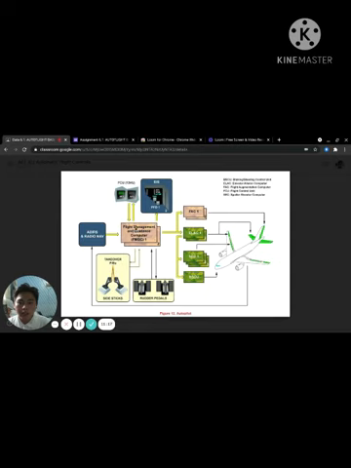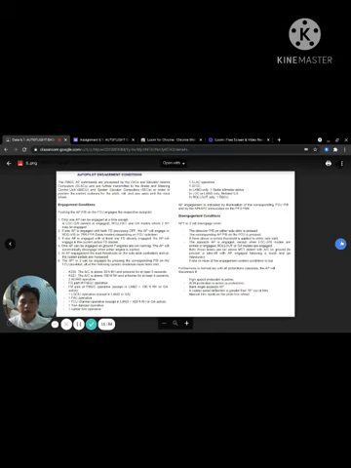So this is the diagram. FMGC to PFD and FMGC to FCU, back to the FMGC, others and radio, rudder pedals, FMGC, side stick, FMGC.